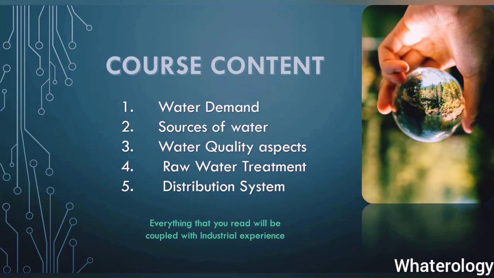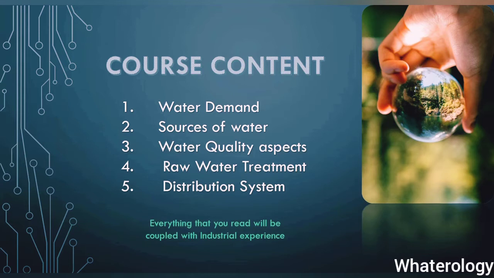Now, coming to water demand, if you are going to design a water supply system for a city, the first thing that you need is what is its water demand. Okay, so we need to calculate the water demand for a population that needs to be served either today or in the future. Then comes the sources of water. Once you have decided how much water you need, then you also need to know where will the water come from.